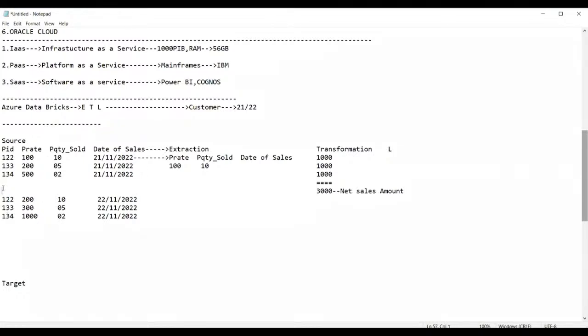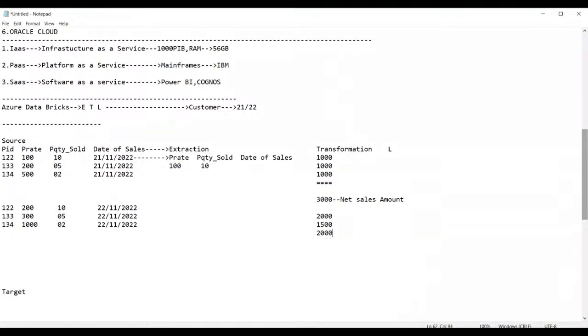For the 22nd day, 200 into 10 means what? 2000. 300 into 5 means what? 1500. 1000 into 2 means what? 2000. Now calculate the sum. 5500. Very good.